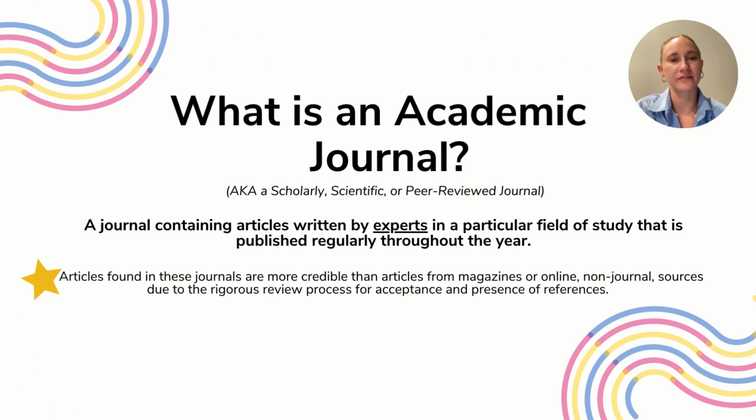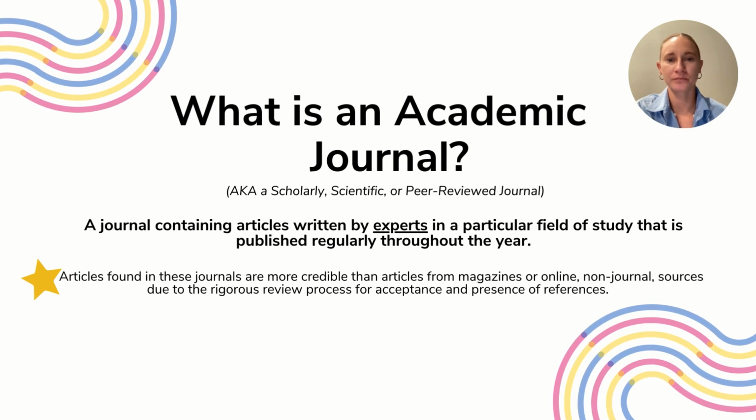Let's start by identifying what is considered an academic journal. Academic journals have many other names. They're also known as scholarly journals, scientific journals, or peer-reviewed journals. No matter what name they go by, they are considered periodicals that contain articles written by experts within a particular field of study. So you'll notice within medicine, many of our journals are specific to a particular specialty of medicine.